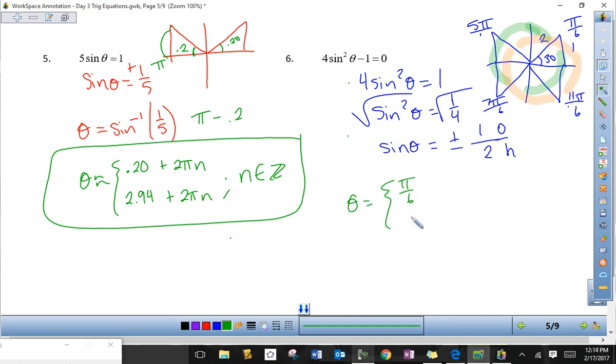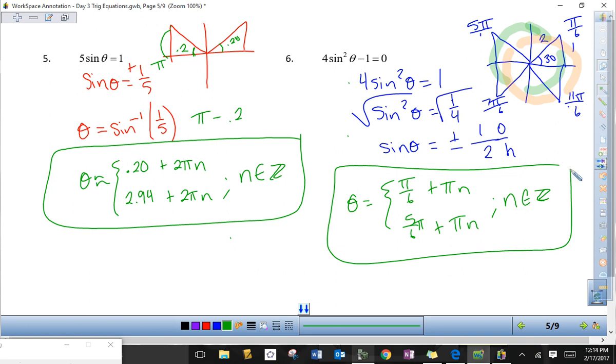Pi over 6, then 5 pi over 6. And add on, this time, half the way around, or pi. And that gets all of my possible solutions.